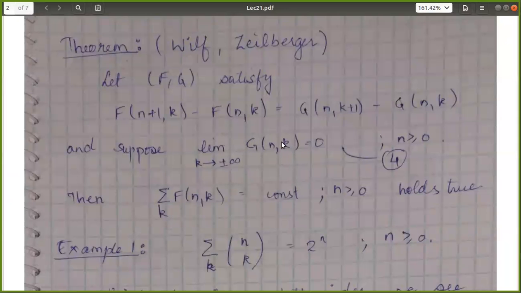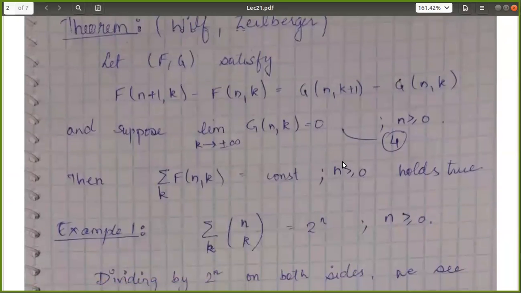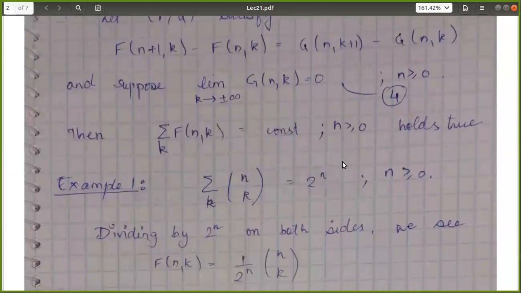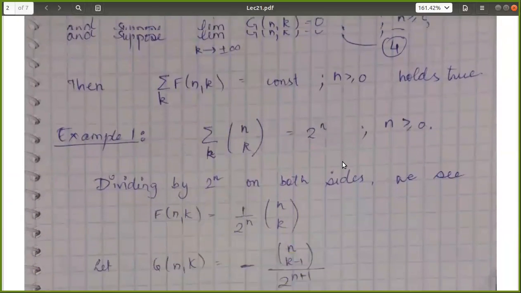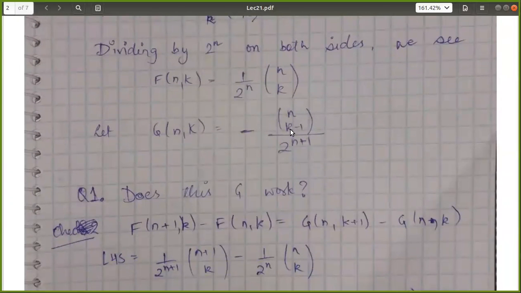Next thing is to check whether the limit of G of n,k as k tends to plus infinity or minus infinity is 0 for every n which is non-negative. If you take any particular non-negative n and take k to go to plus infinity, what does that evaluate to? 0. Why? We had seen that the binomial coefficient is 0 as soon as k minus 1 is larger than n.